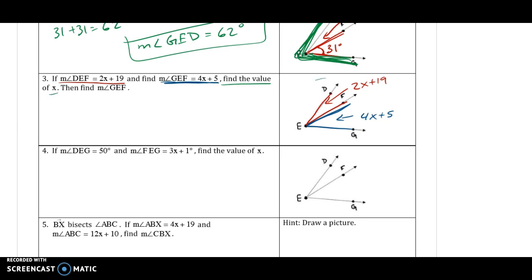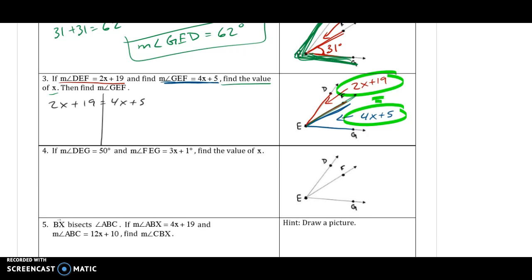So I don't know what the whole thing is. I don't know that yet. But I don't need to know it, because if this is a bisector, which means it cuts it in half, therefore, this has to equal this. So we write 2x plus 19 equals 4x plus 5.